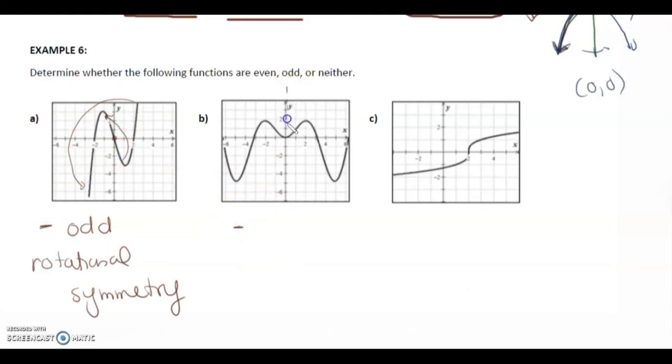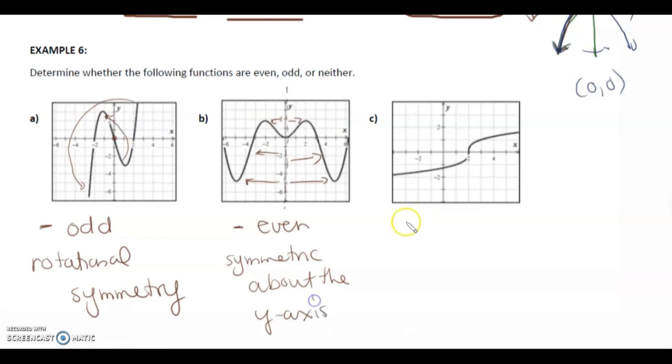For B, I feel like this is going to be even because this is mirrored, right? So this is symmetric about the y-axis. And "about" is just the way we say it in math.